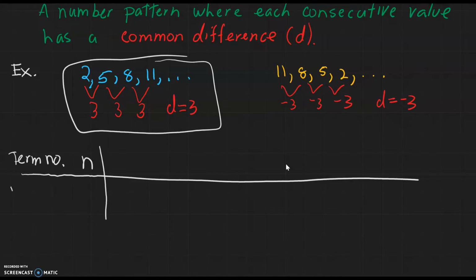Below that, we're going to have the term value, and that's denoted a sub n.